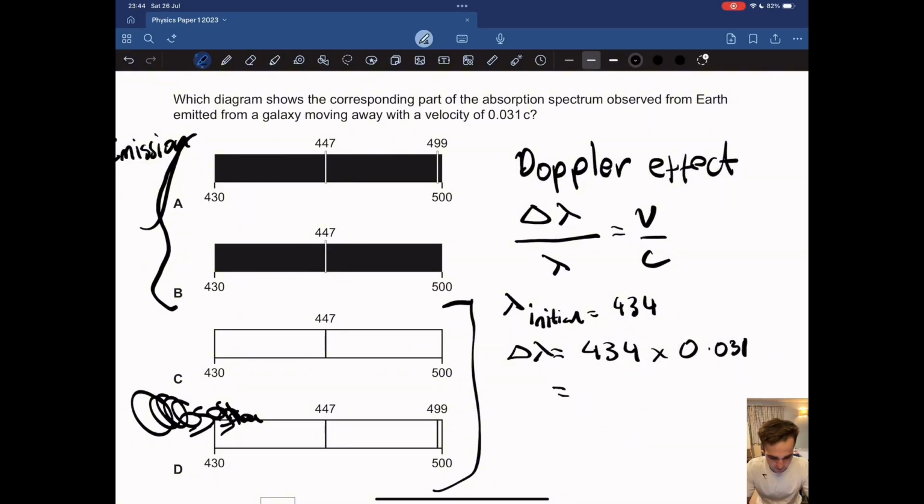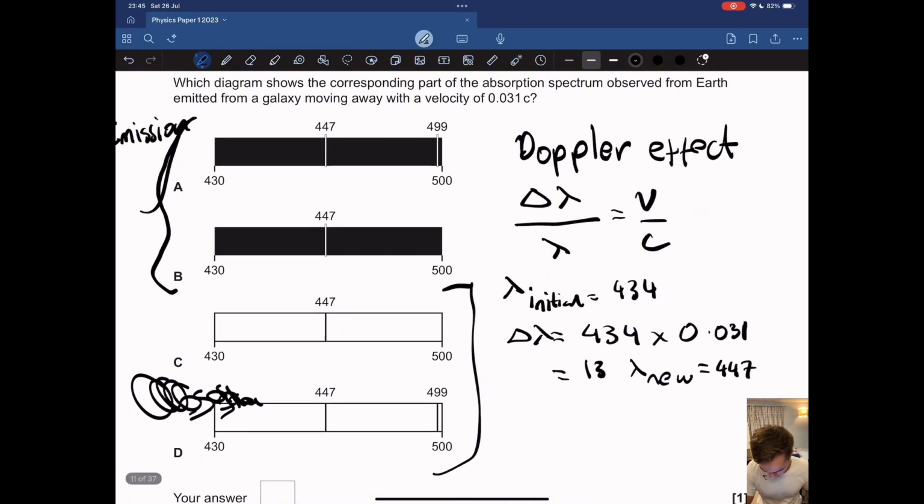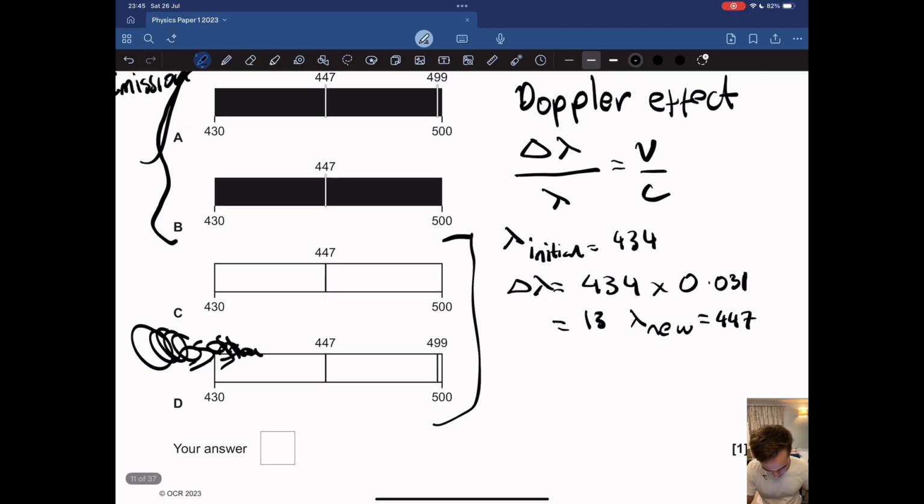Let's say a change in wavelength, which is like 13. So our new wavelength is 447. They both have 447. That is really helpful.